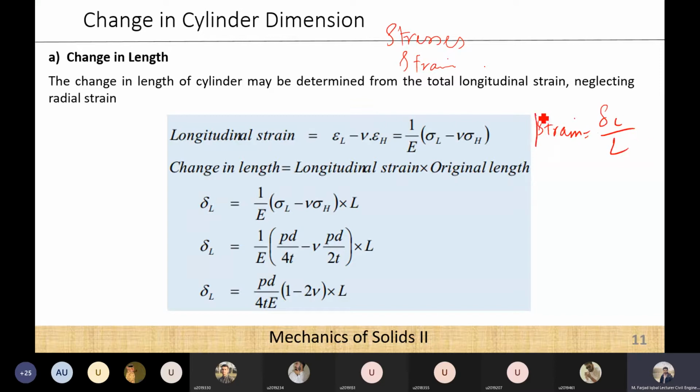So what strain should I substitute at this point for the case of length? Anyone? Which strain should come here? Longitudinal, sir.